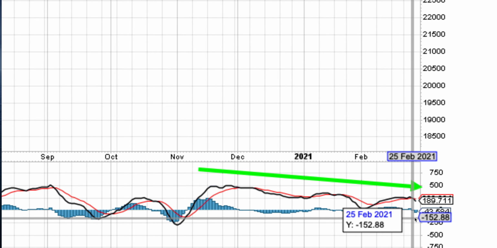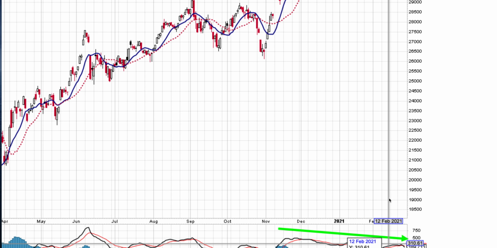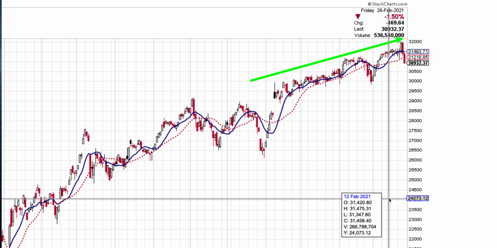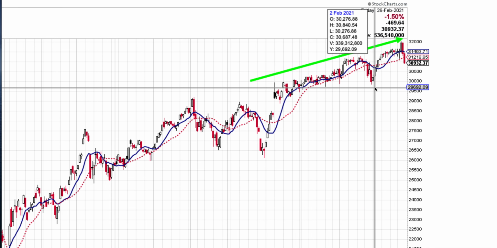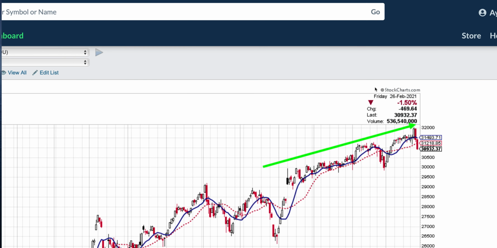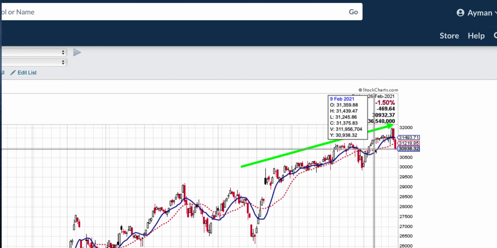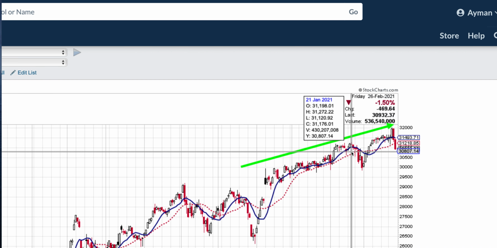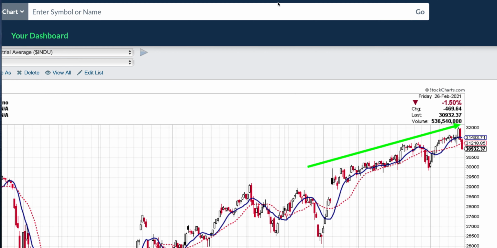And the stochastic did the bearish crossover, which is historically very reliable. How low the Dow will go down, I really don't know, but I'm not going to touch that. Any very conservative technician will not touch the equity market with these two days of action right here.